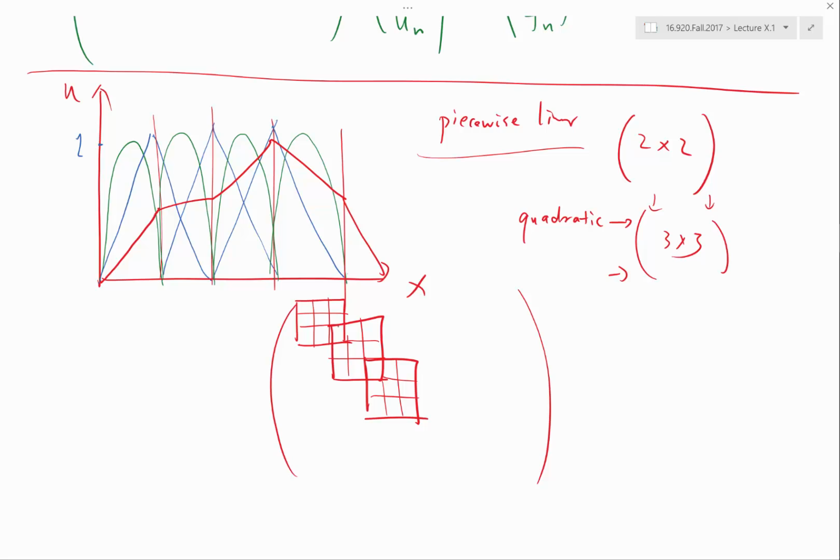You have a linear one on the left, a quadratic one on the left, a linear one on the right, and a quadratic one on the right. So that's why we have a slightly denser matrix. So the number of non-zero entries in the finite element corresponds to the overlapping, what is called the support of a basis function, like how wide it is and how many other basis functions are active within its support. All right.